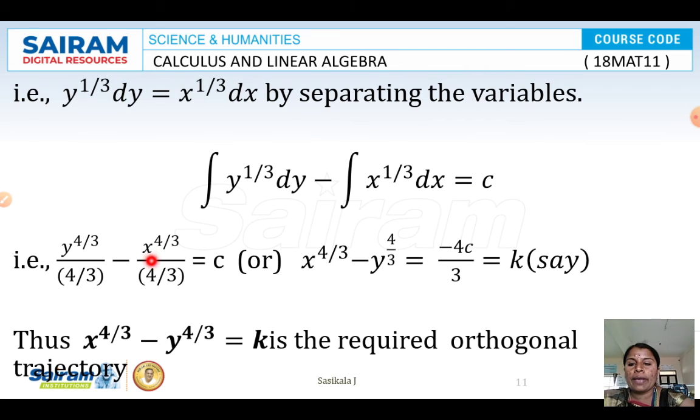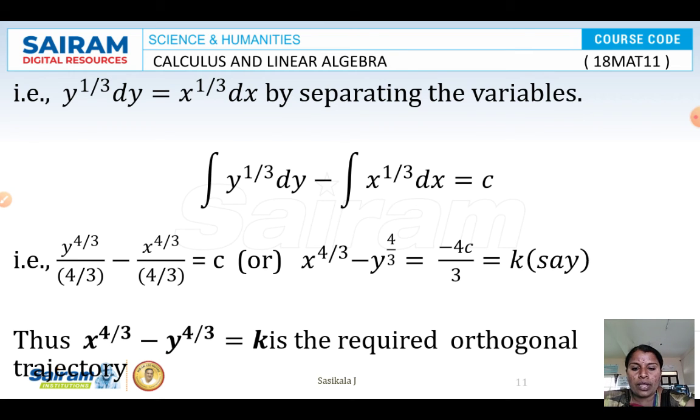That is y power 1 by 3 plus 1, it will become 4 by 3, so y power 4 by 3 by 4 by 3 minus x power 4 by 3 by 4 by 3 is equal to c, or x power 4 by 3 minus y power 4 by 3 is equal to minus 4c by 3, which you can consider as k. Now what will happen? That is x power 4 by 3 minus y power 4 by 3 is equal to k, your required orthogonal trajectories.